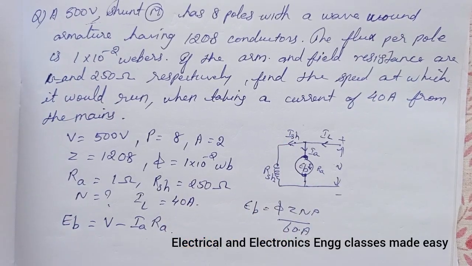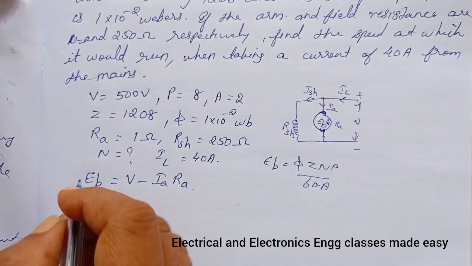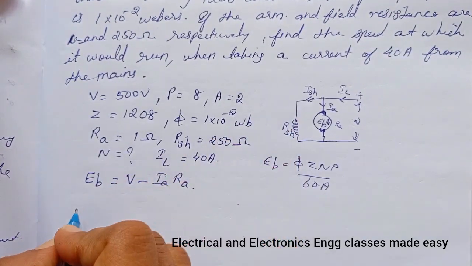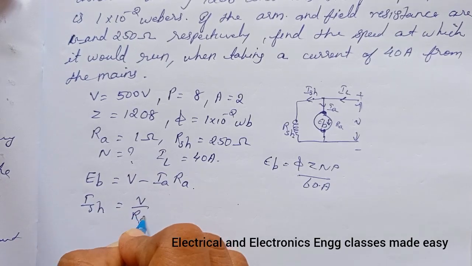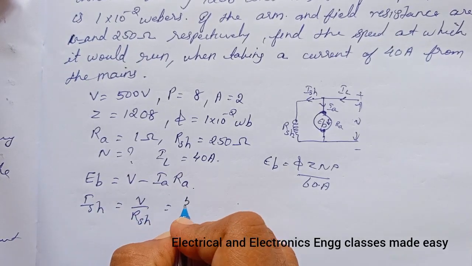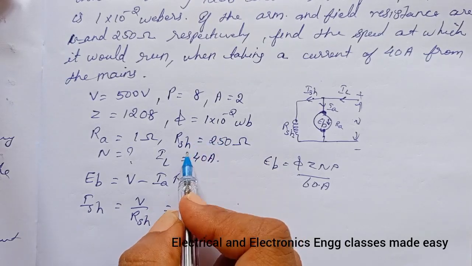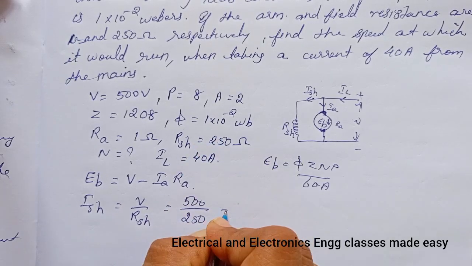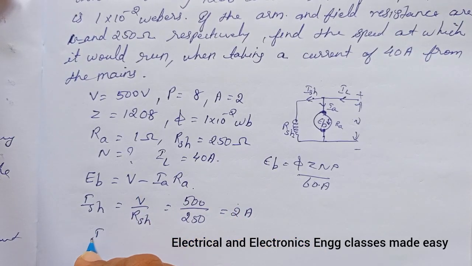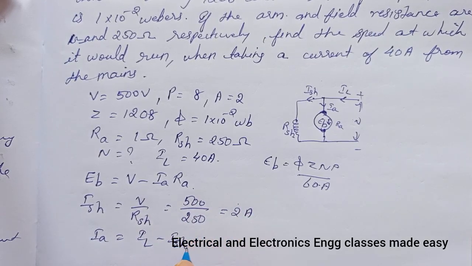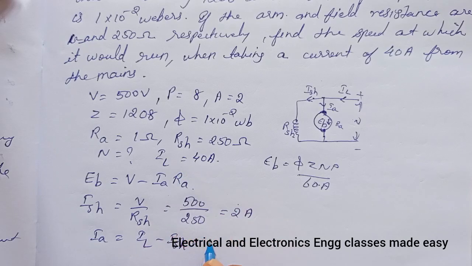For that we know the relationship between V, ISH and RSH, that is ISH is equal to V divided by RSH, that is 500 divided by 250 and that is equal to 2 amperes. Now we can find IA, that is IA is equal to IL minus ISH. IL is 40 minus ISH is 2 and that is equal to 38 amperes.